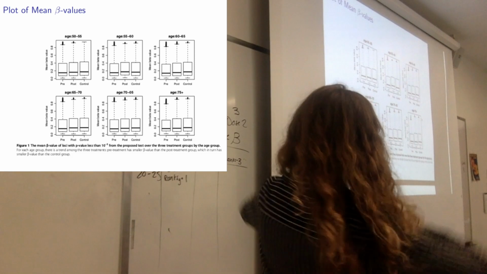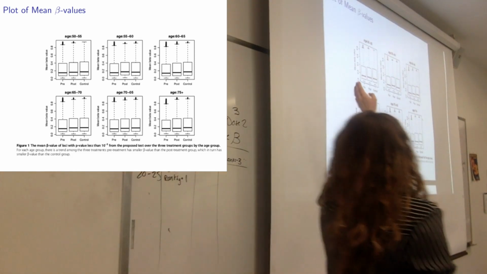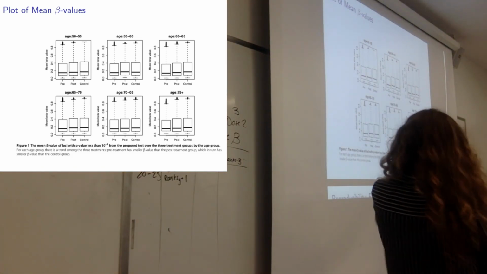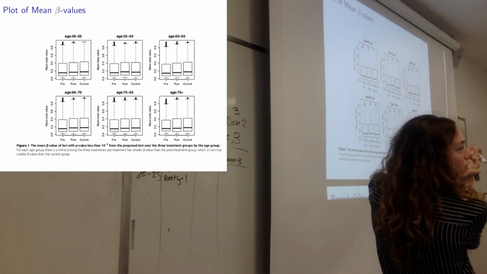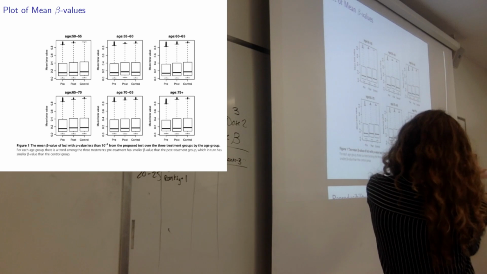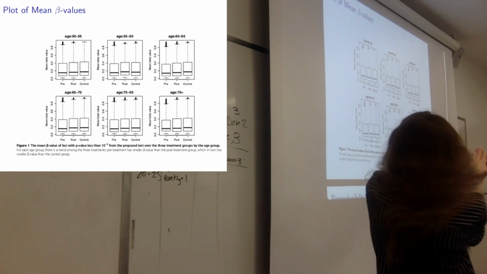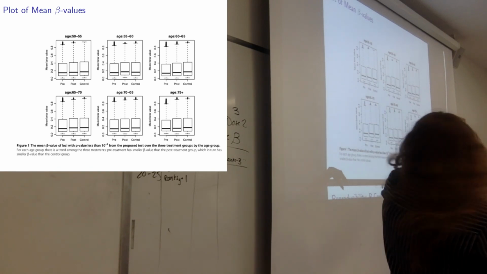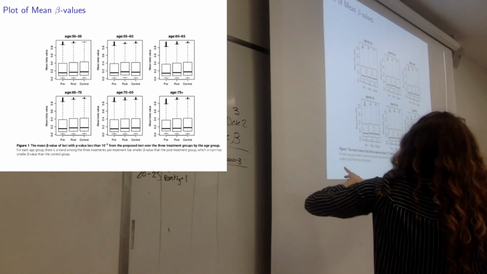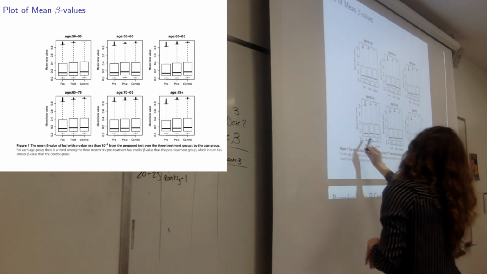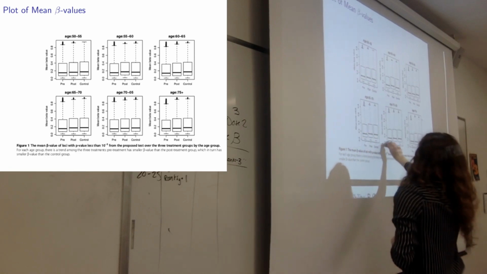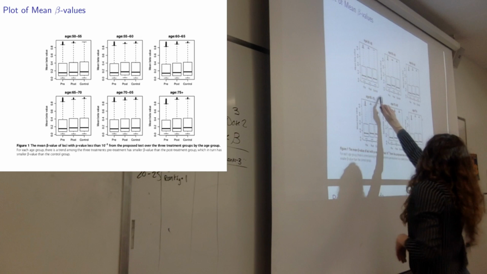And then this is a plot of 6 different age groups. In the end, you're testing whether it's different across treatments. So they merged them all together, but they wanted to show how they were doing this. This is the mean beta value, pre-post control. You can see across all of these age groups, it's changing in this direction.